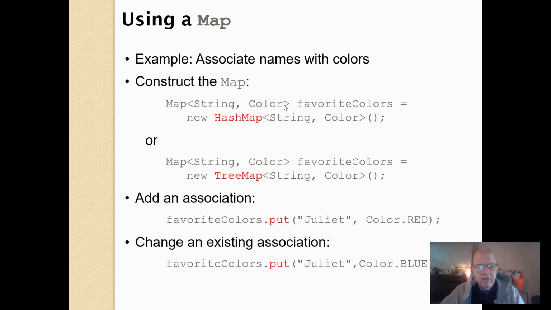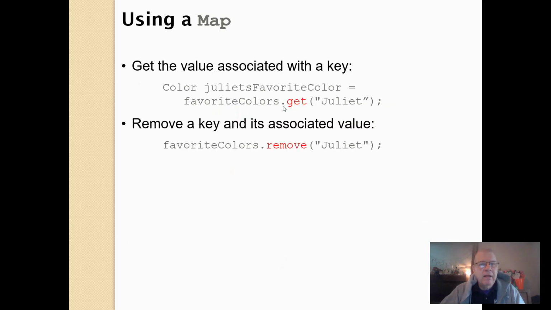You can change them, and you can get the value associated with a key. All you have to enter is the key. You don't have to know the value. And if you use the remove method, you will enter the key, but you will remove the key and its association with the value.